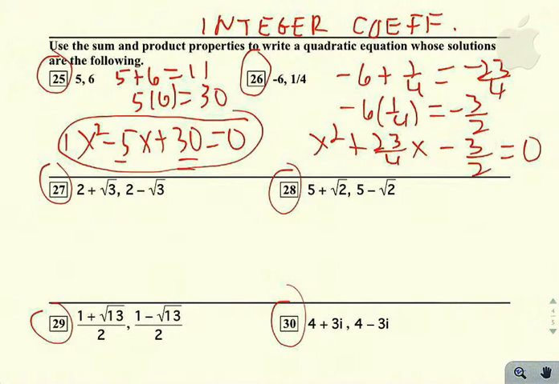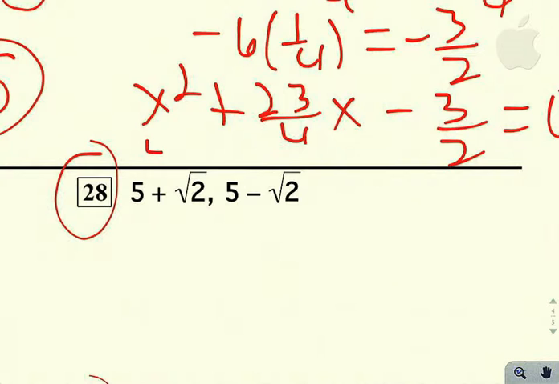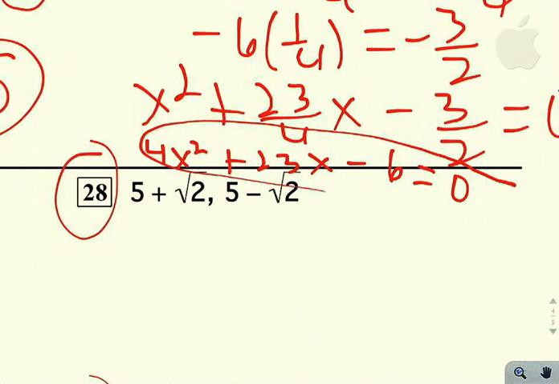And if we multiply by 4, we would have 4x squared plus 23x minus 6 equals 0. That equation would have the two solutions.